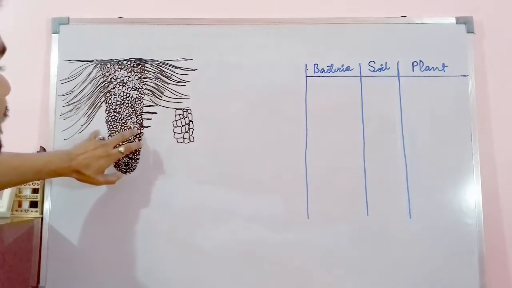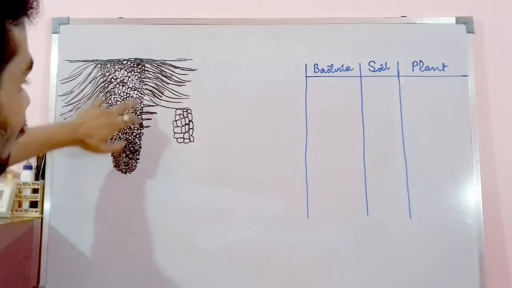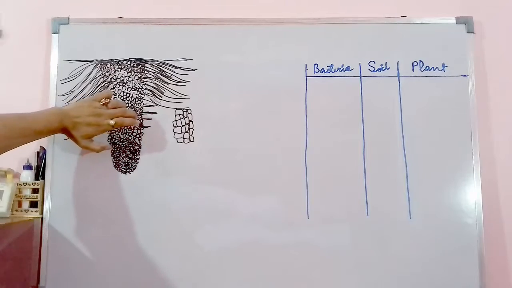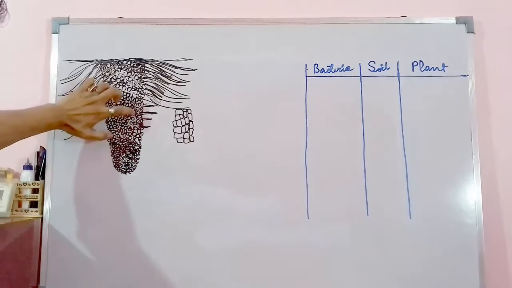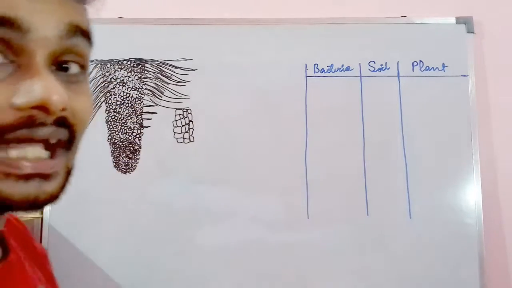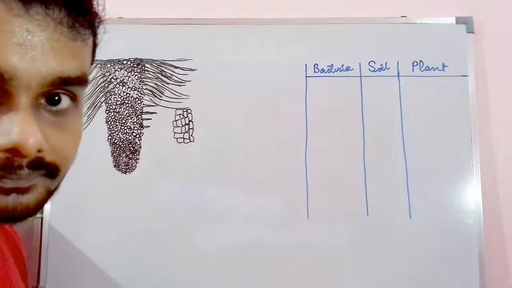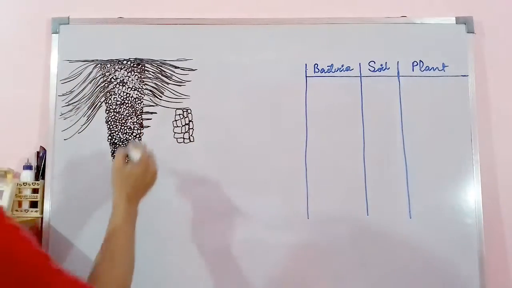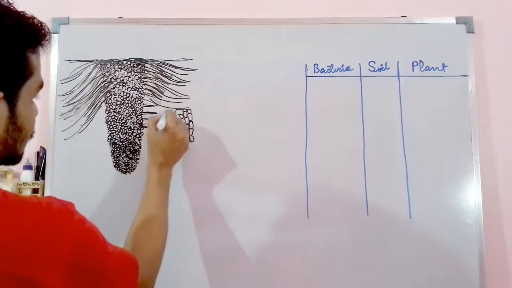Cortical cells will be present at the outermost area, and the endodermis will be present inside, and along with the cortex the epidermis would be present.